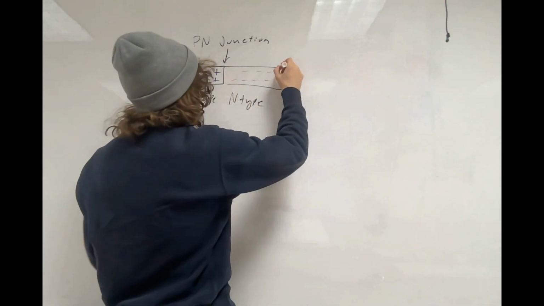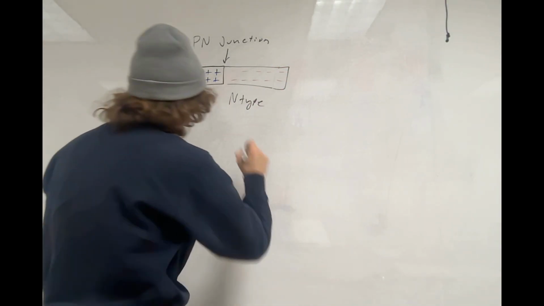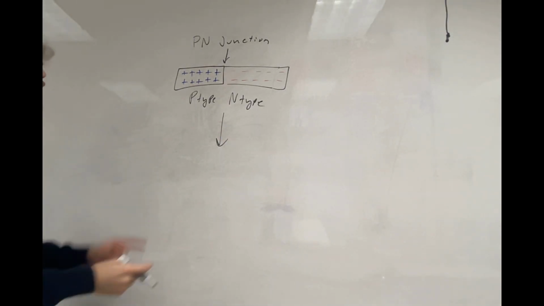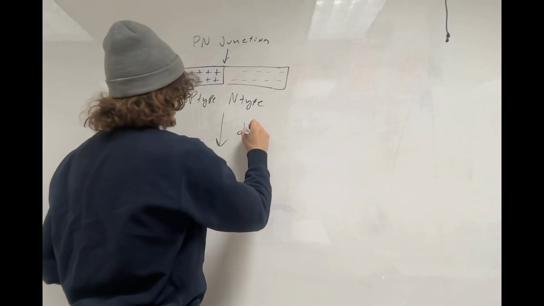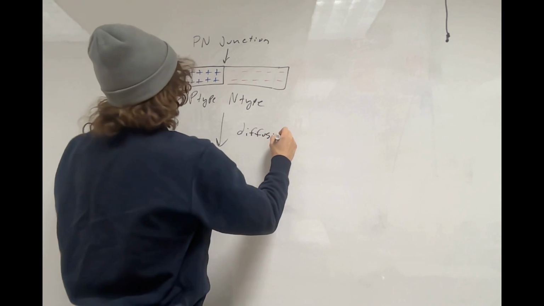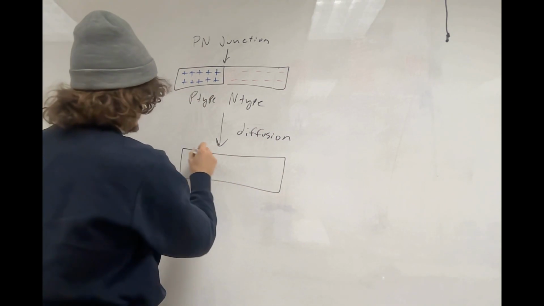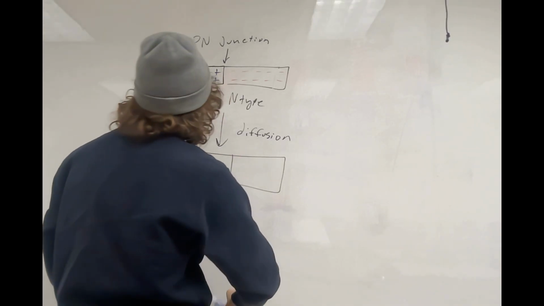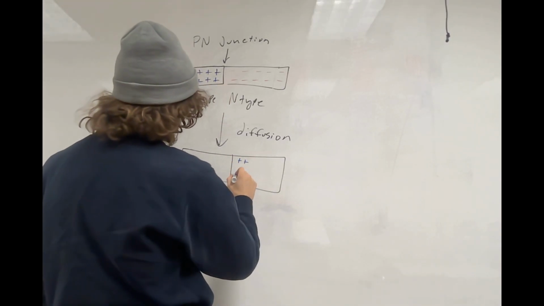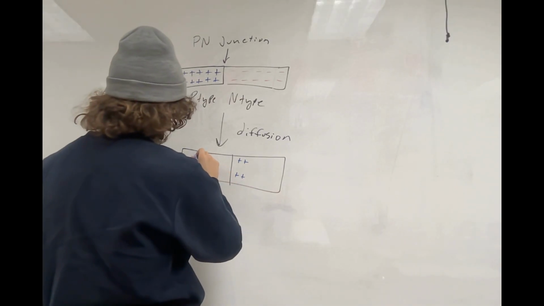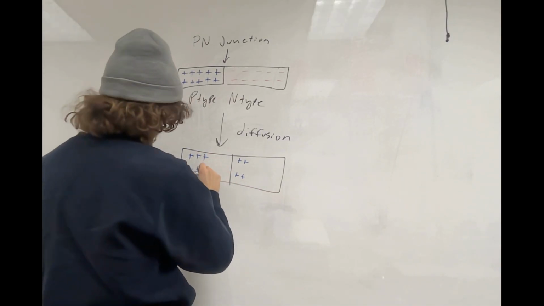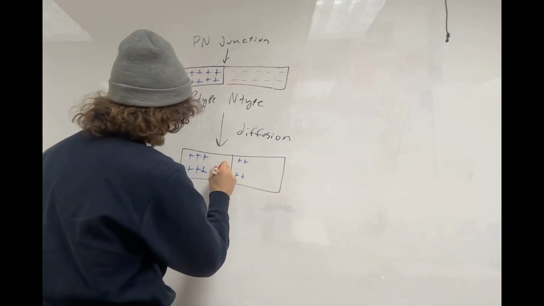And what happens after some diffusion? Charges diffuse across the p-n junction, and you'll get something like this, where some of the positive jumps over and some of the negative jumps over.